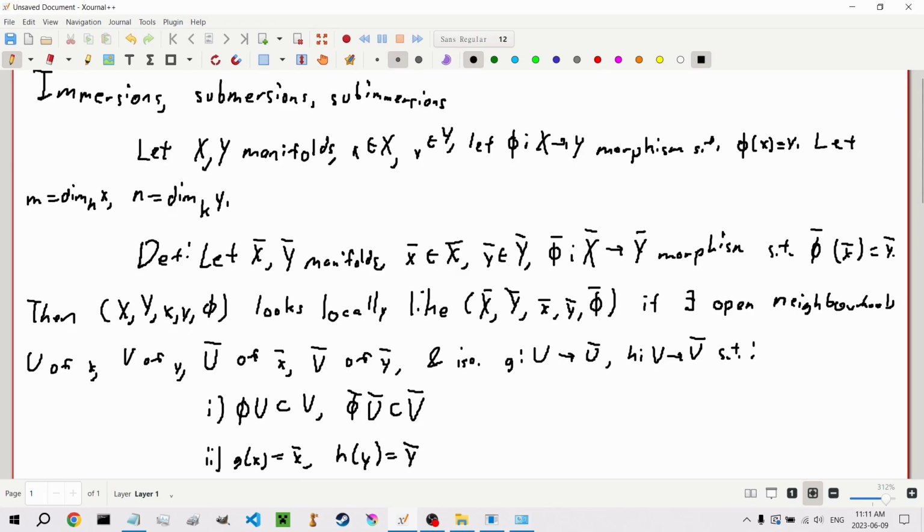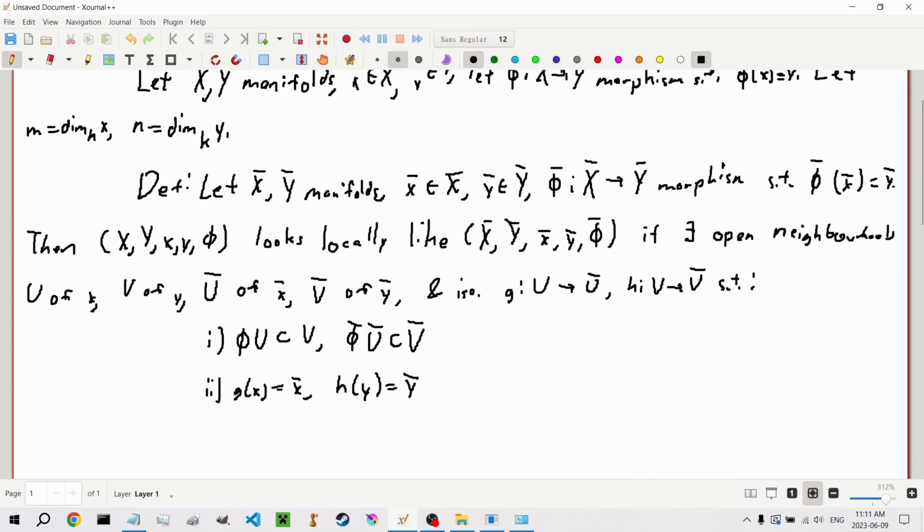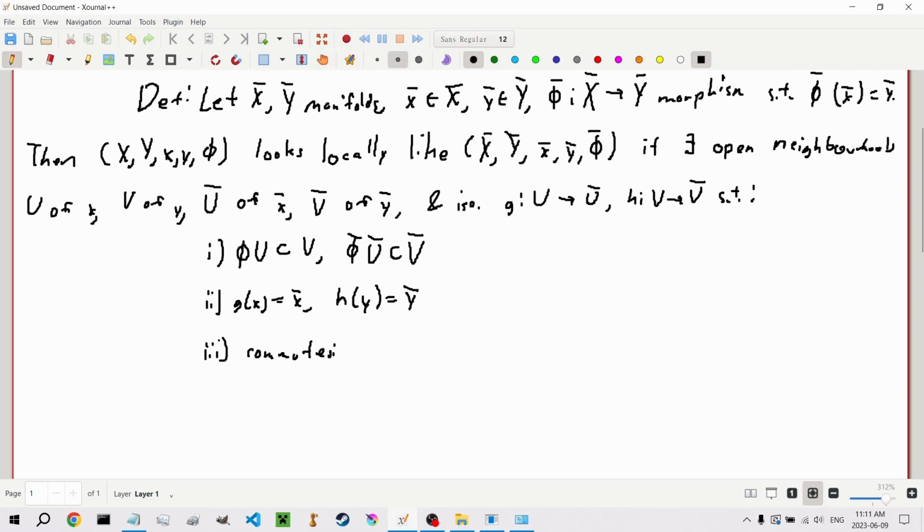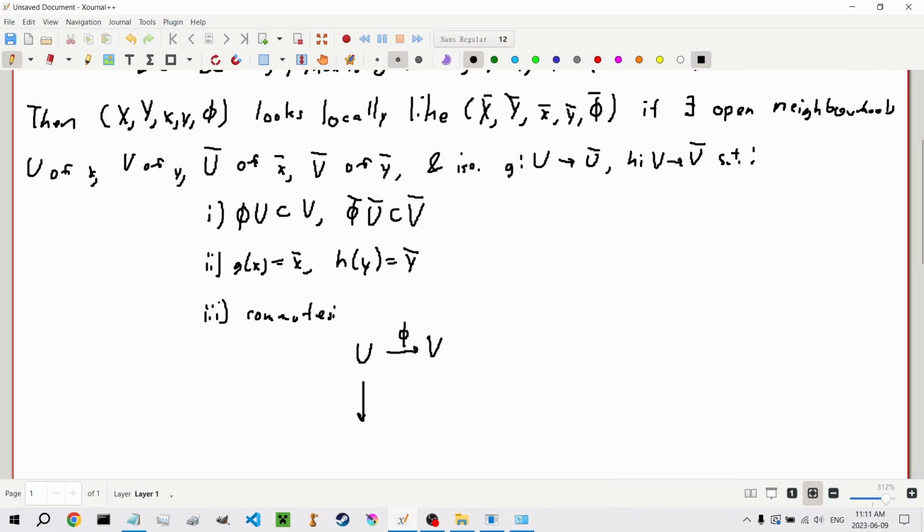So essentially, we can map up the points and their neighborhoods. And thirdly, the following diagram commutes: we can go by phi from U to V, or we can go by G to U bar, analogously we go H to V bar, and here we go phi bar.